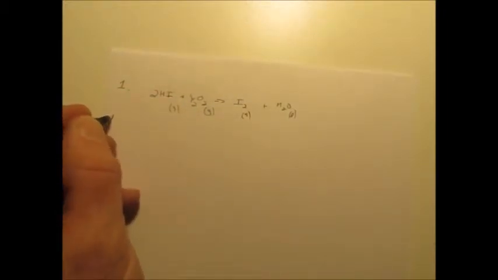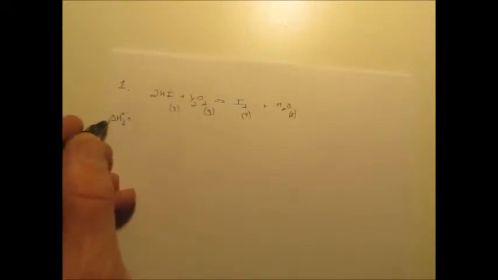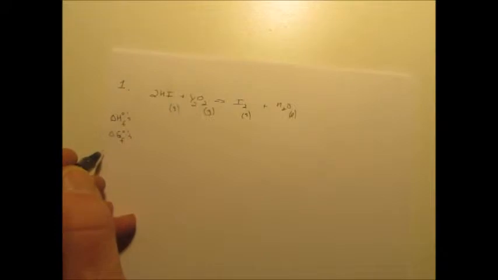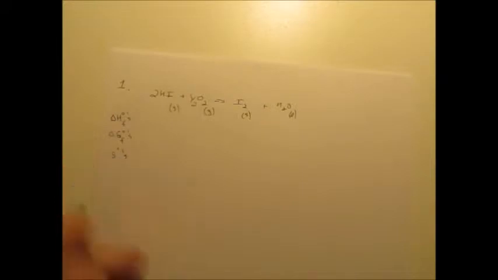So normally what you do, you look up delta H naught F's from the back of the book. You look up the delta G naught F's, back of the book. And then you look up your entropies of the compounds themselves.